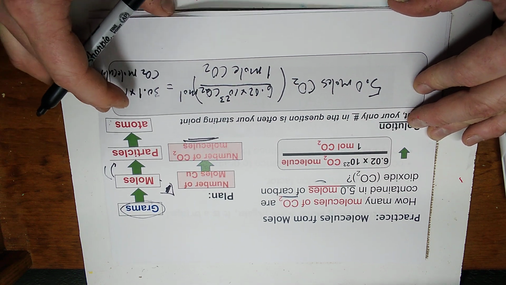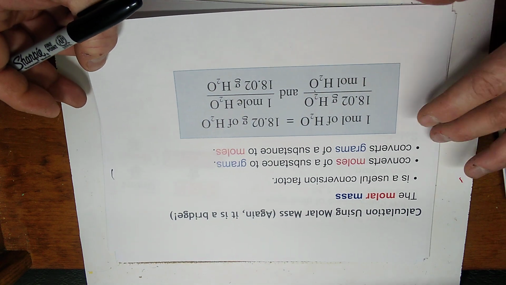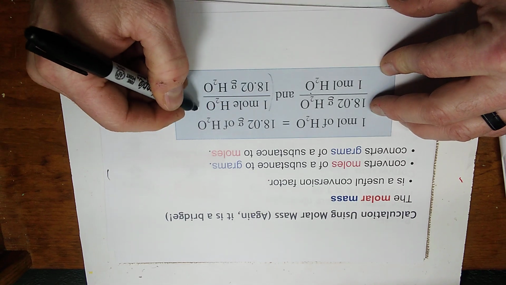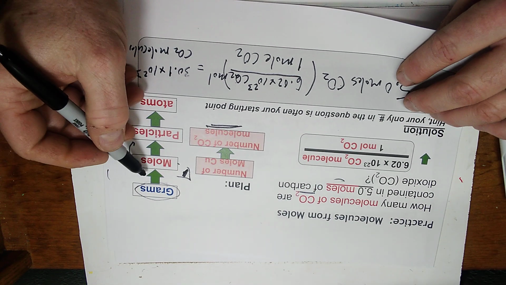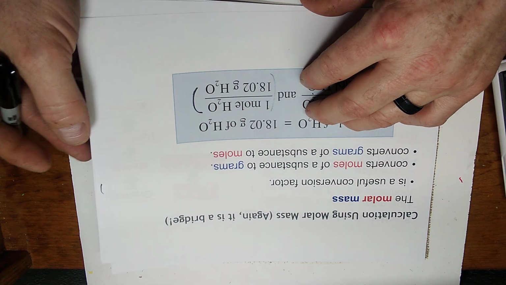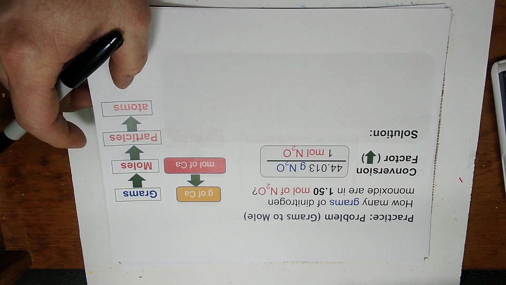Let's do one more if we can. Just using, as we've done before, conversions to answer some of the questions we need to answer. So again, we might use molar mass in some of our problems. If we start off with grams, we often have to use molar mass to get from grams to moles. We might have to do that here. Let's see. It looks like we will have to.